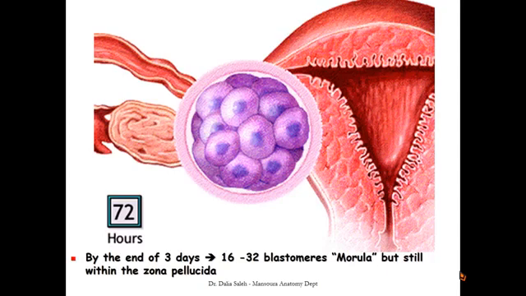And by the end of the third day of development, we end up with 16 to 32 blastomeres. In this stage, we call it the morula. And keep in mind that all of this division occurs within the zona pellucida, so the zona pellucida is still intact around those newly formed blastomeres.